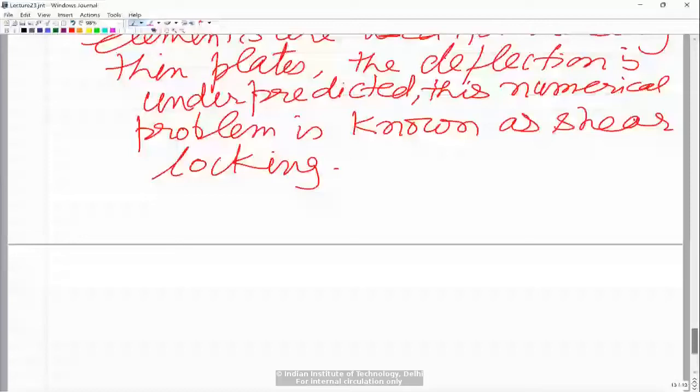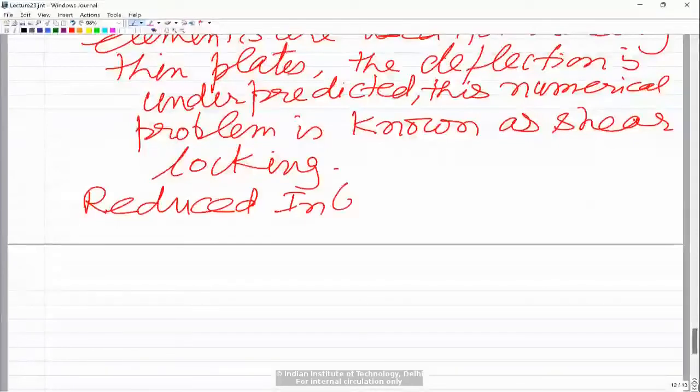One of the most popular techniques to eliminate this locking is known as reduced integration. So reduced integration is one of the techniques used to eliminate this shear locking.